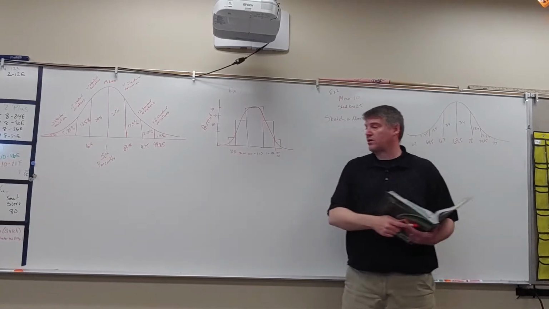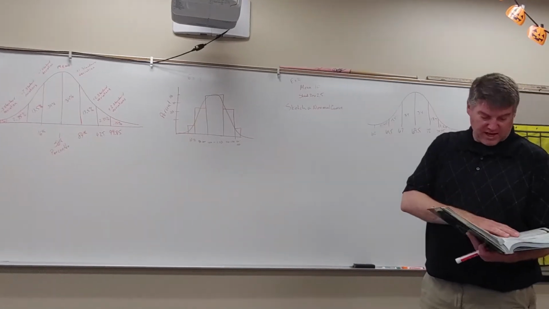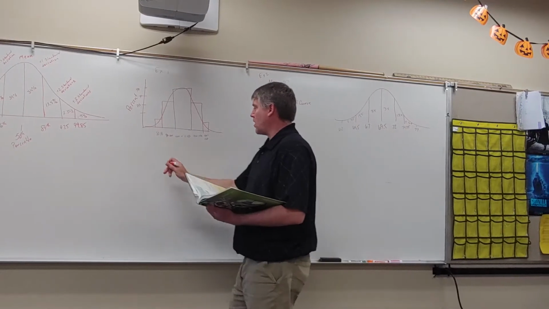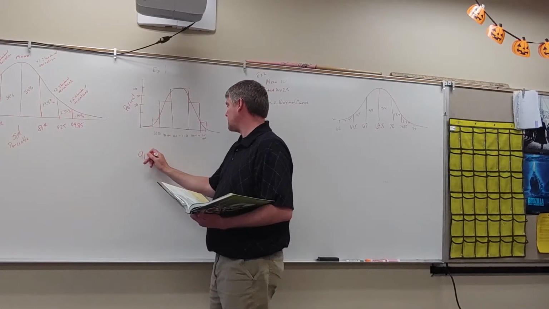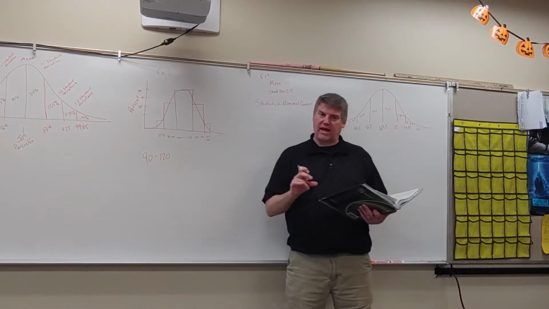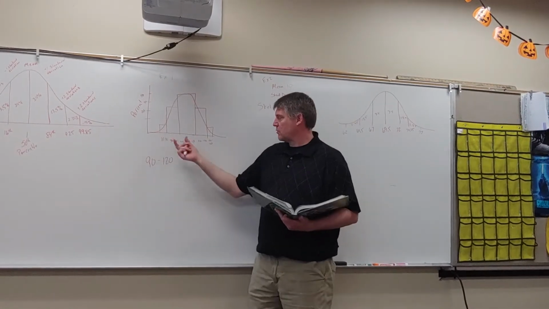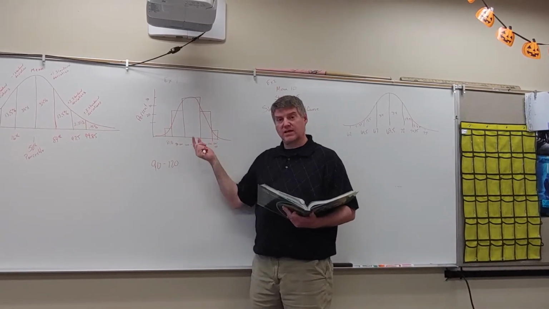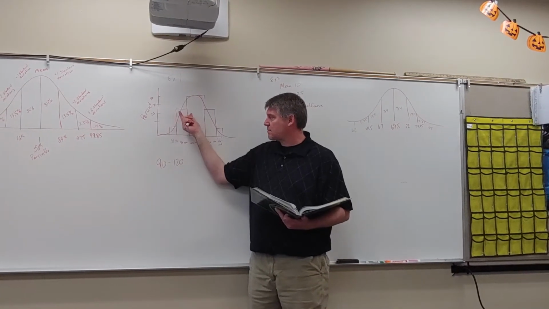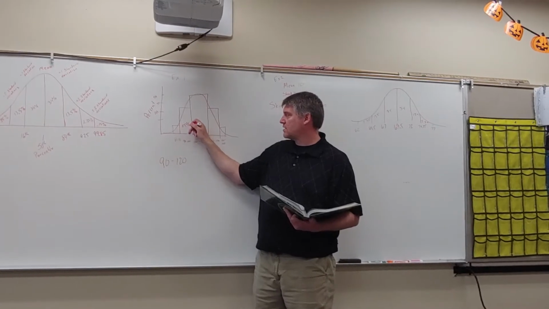Our first example gives us a graph, and we want to know what percentage of people are between 90 and 120. We're going to look at the percentages on the side, take each of these boxes and add them up. My first box, 90 to 100, is about 25%.